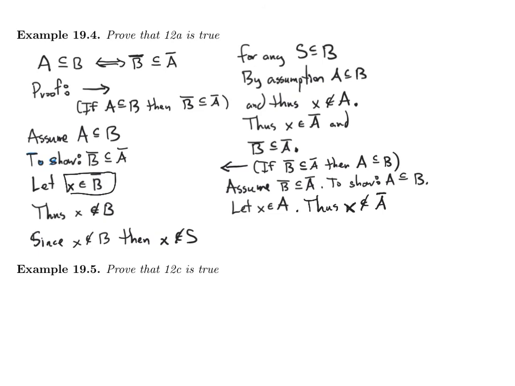And if X isn't in the complement, then we can use that same subset argument. Since X isn't in the complement of A, then X can't be a member of any subset of A, for any subset of the complement of A.